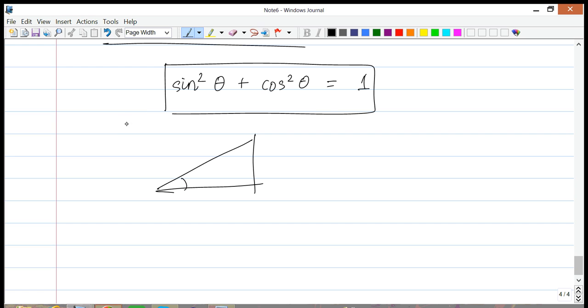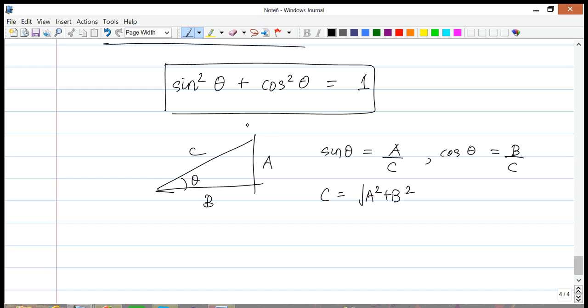If you take an angle theta, let's call the sides A, B, and let the hypotenuse be C, then we know that sine of theta is equal to A over C, cosine of theta is equal to B over C, and from Pythagoras theorem, C is equal to square root of A square plus B square.